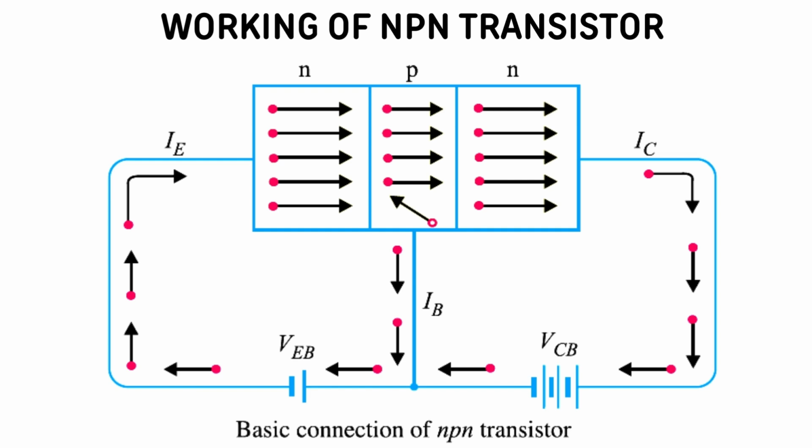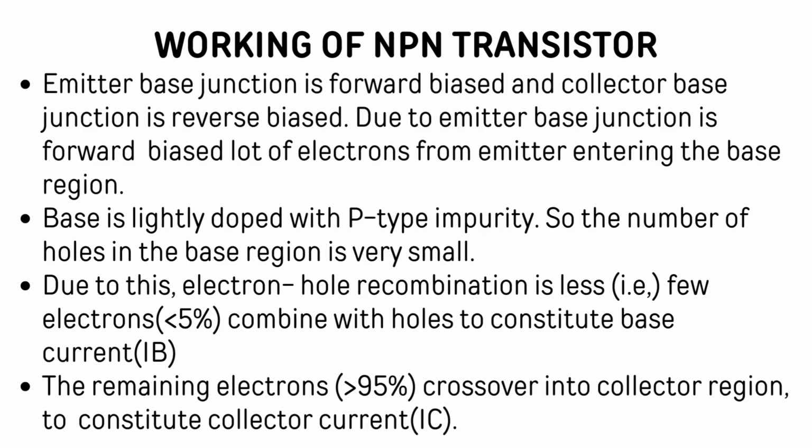Due to that, the electrons are attracted by the positive terminal. The directions represent the direction of flow of electrons. The current flow is exactly opposite to the flow of electrons. That is the working of an NPN transistor.